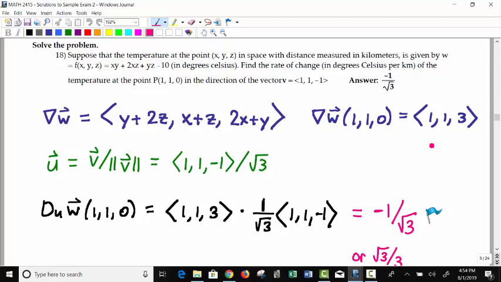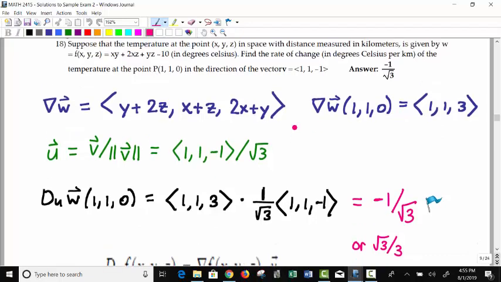So now all we need is the unit vector of the direction vector. Always remember we have to convert the given vector to a unit vector. That's usually the most common mistake that people make with directional derivatives. They're not difficult, but you have to remember to make that direction vector a unit vector.